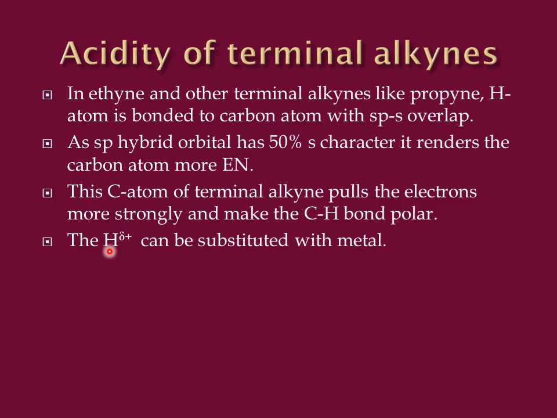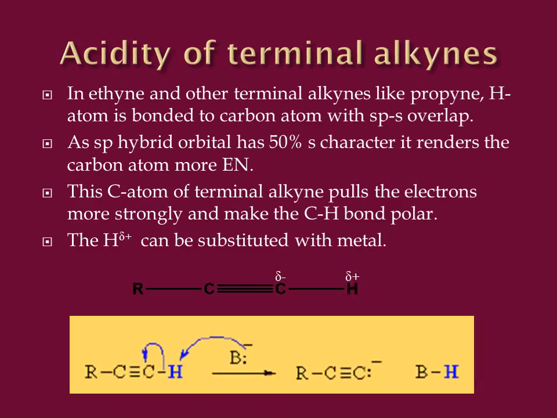Now students, you can see that this carbon is sp hybridized, it is more electronegative. So it is going to pull the electron density more towards itself, giving a partial negative charge to this carbon atom and a partial positive charge to the hydrogen atom. Now any incoming base can abstract this proton, and the terminal alkyne is going to act as an acid and donate its proton.